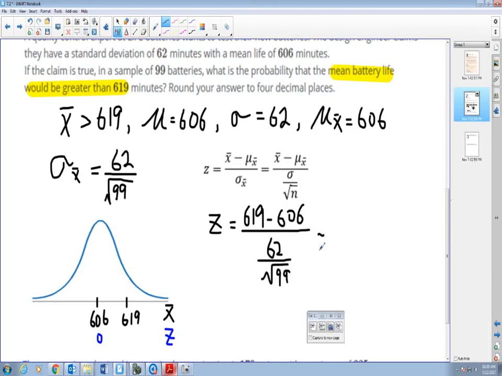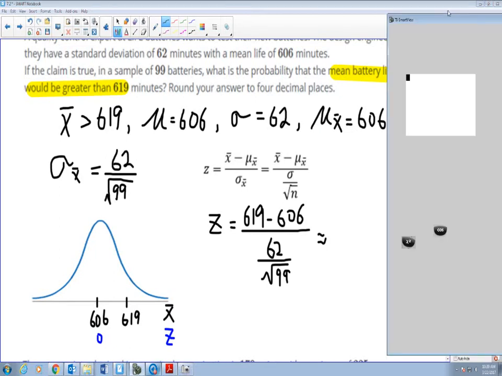Round to 2 decimal places. I convert to a z-score before I can put it into the normal CDF.